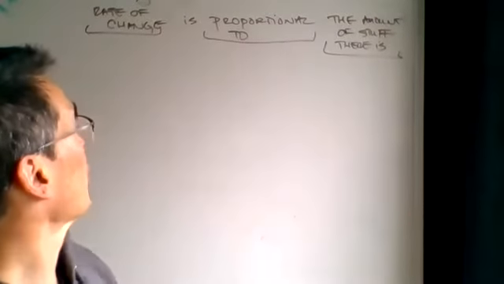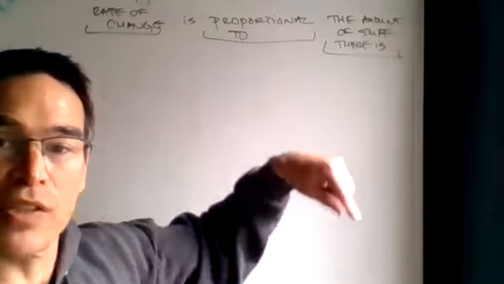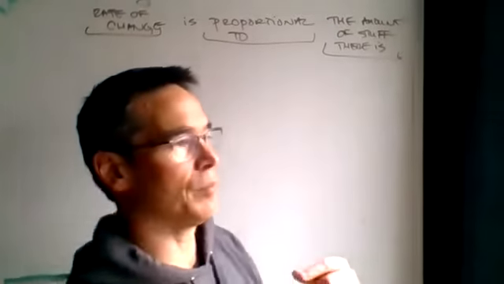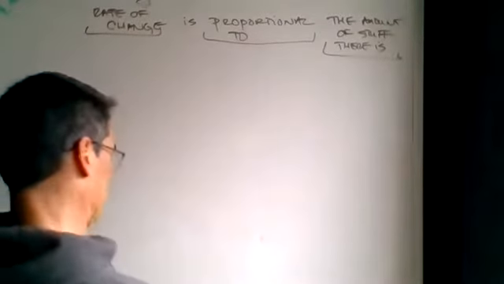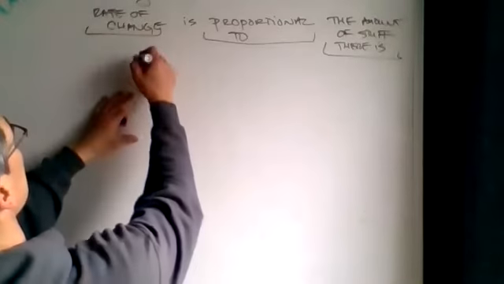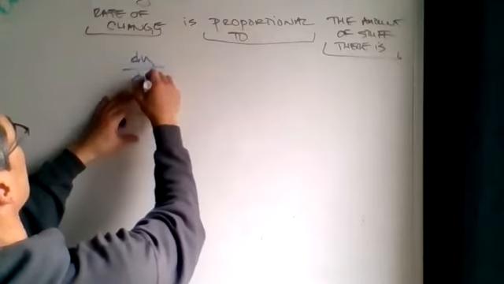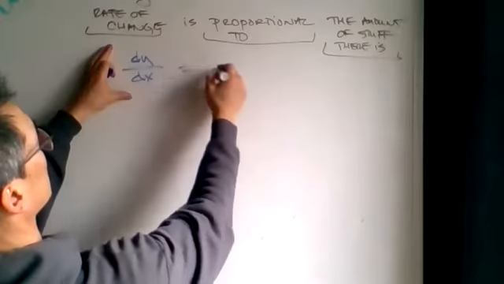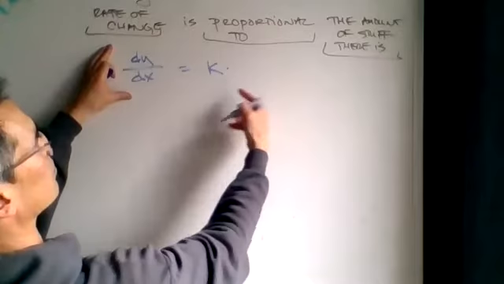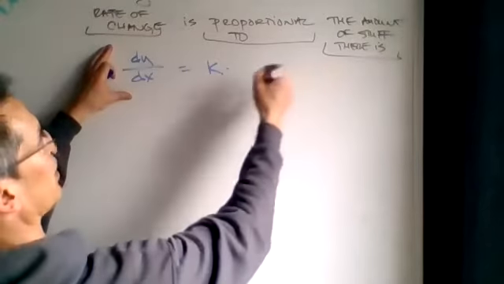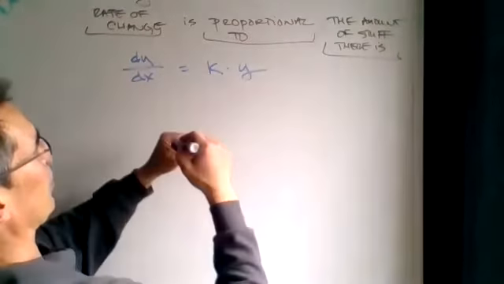Okay, and so this is how you say it in words. This is how it would look as a differential equation. The rate of change is proportional to, that's a proportionality constant, the amount of stuff there is.